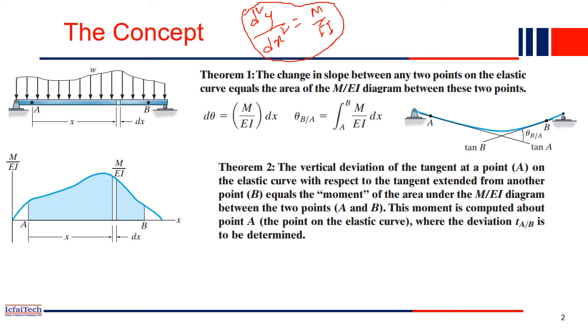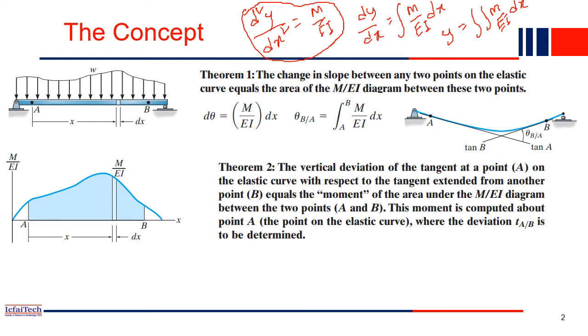From here, if you integrate one time, what do you get? One time integration gives dy by dx equal to the integral of M by EI into dx. This is the first integration. If you integrate one more time, you will get y equal to the double integral of M by EI into dx.